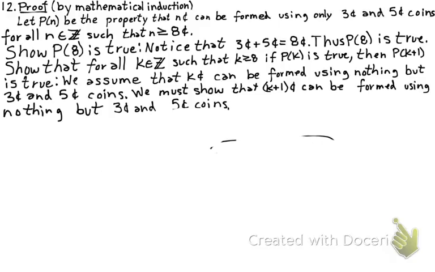So we're going to divide into cases. So first we say, just calm down with that. Either K cents contains a 5-cent coin or it doesn't.